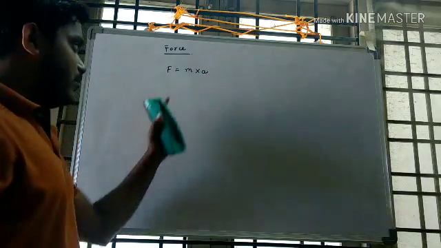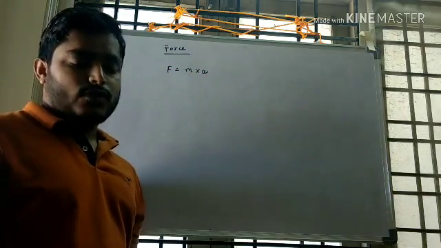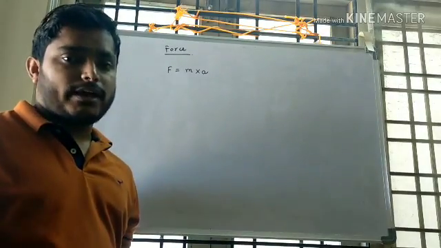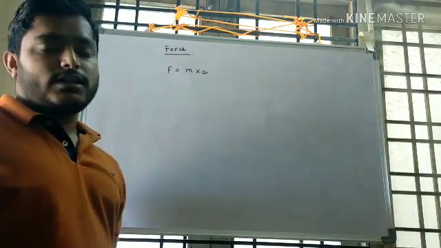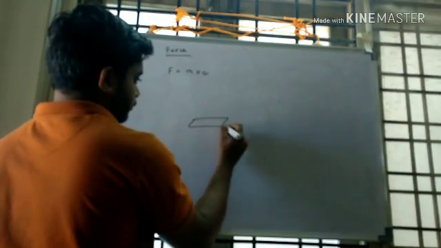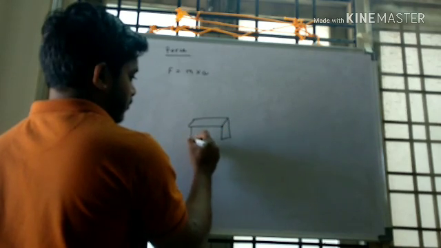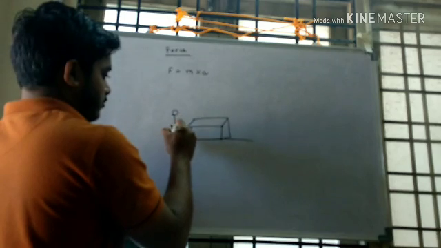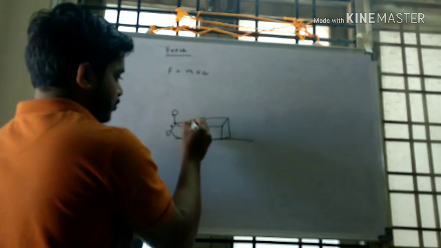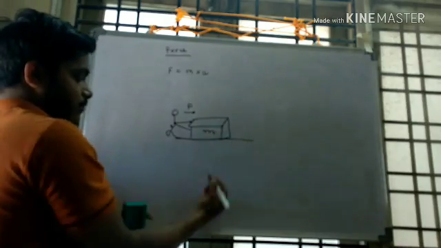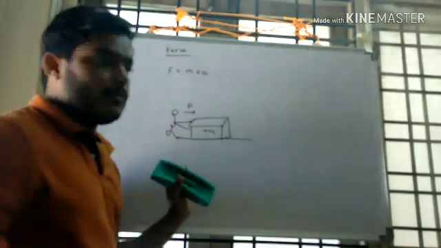That is the product of the mass of the object on which the force is being applied with the acceleration of the object. Let us say there is a table or a box in my room which a person is pushing in this direction, and the mass of the object is m.